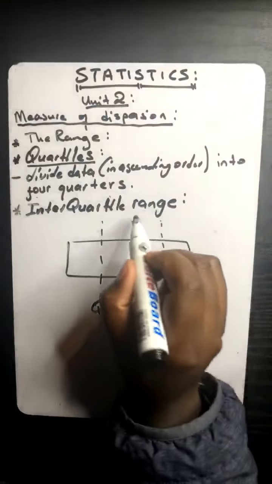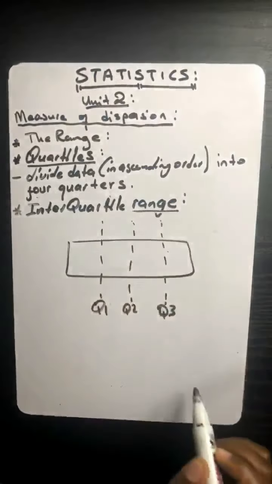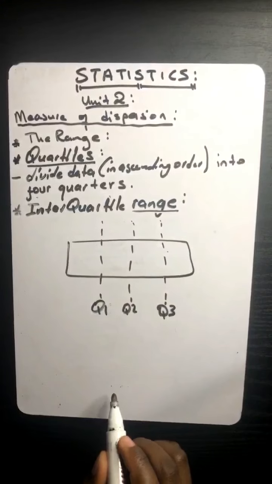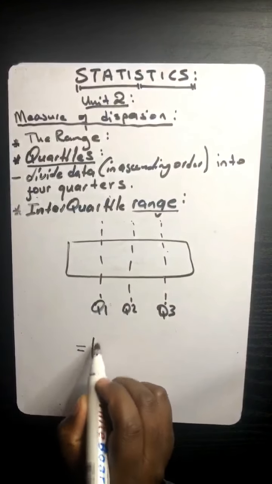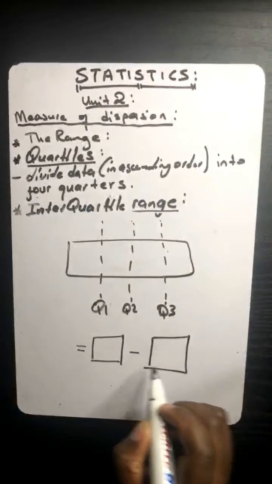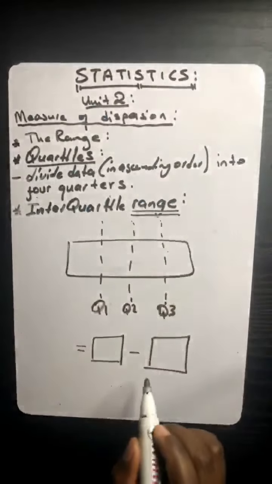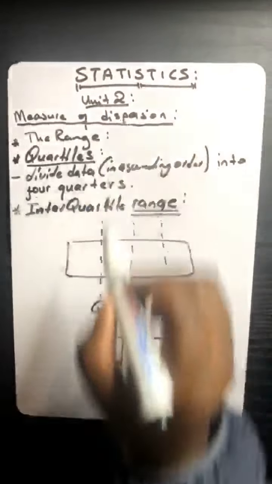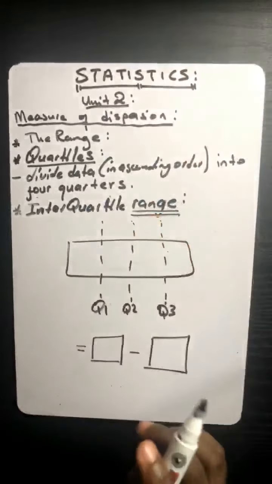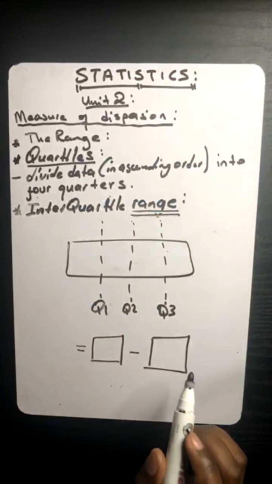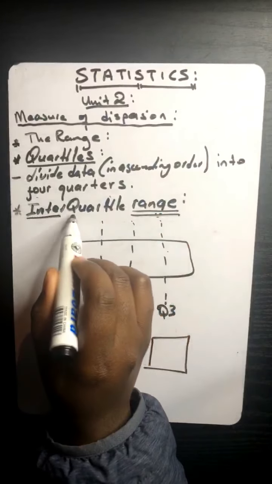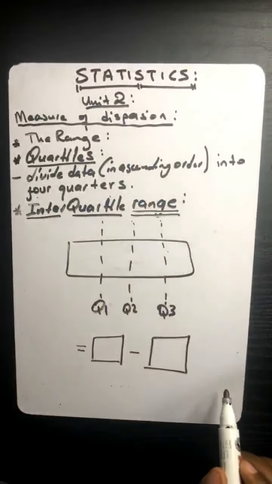The word range in statistics, we know that we have to say something minus something. That's what we know about the range. If we calculate the range, it is the largest value minus the smallest value. But in this case we are dealing with interquartile range.